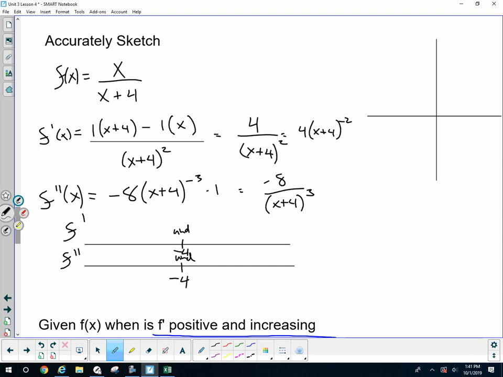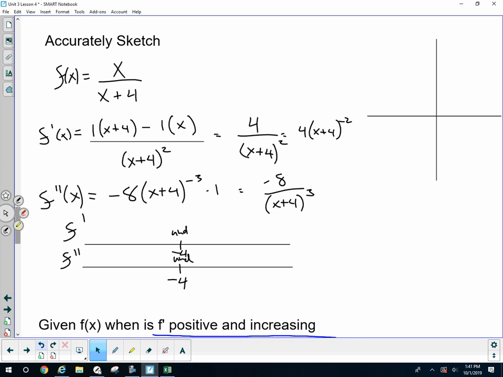Remembering that signs could change at an undefined point, okay? Regardless of what you're looking at, when could sign change? When we are undefined. So don't forget about things being undefined. Don't forget about denominators being equal to 0. Whatever. All right.